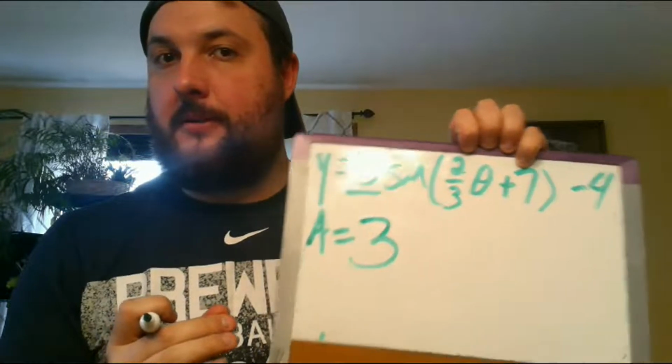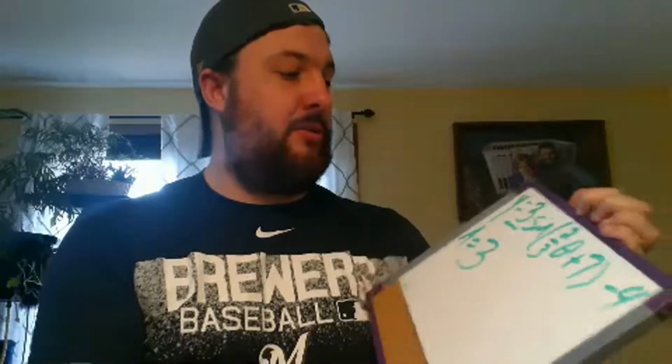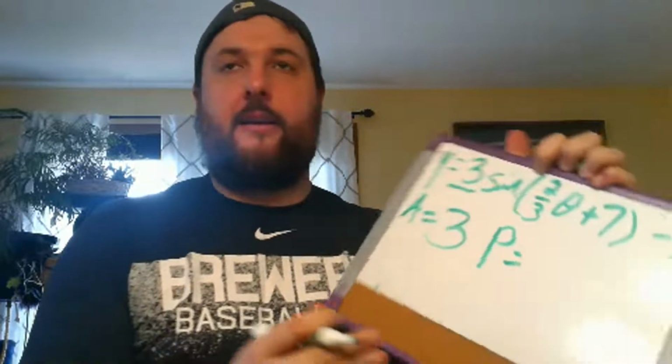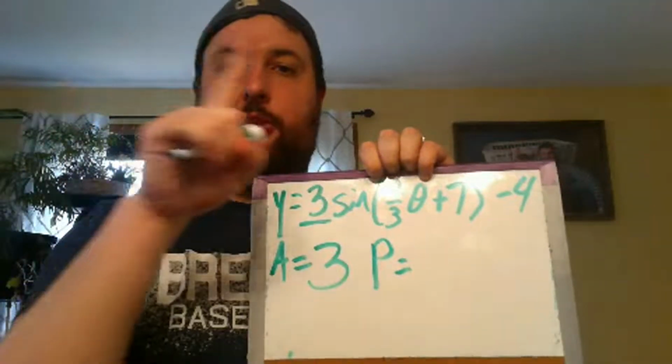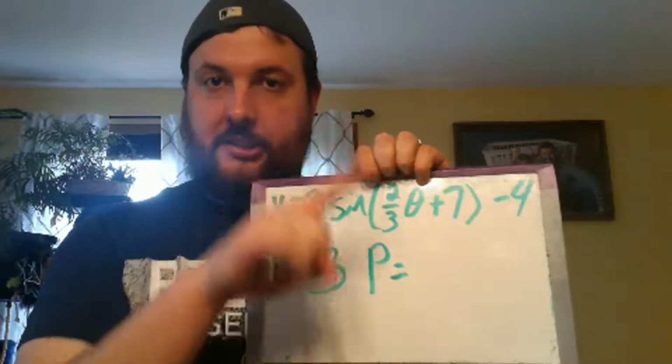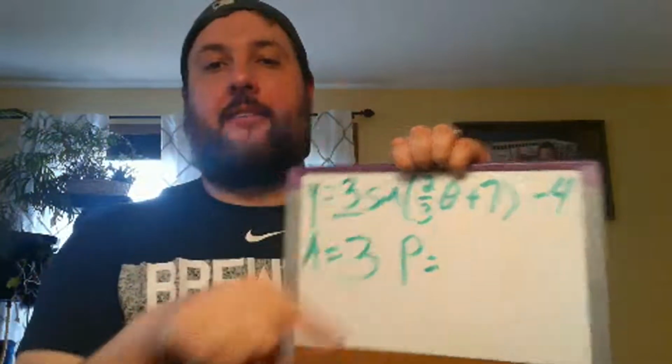That's pretty simple. The next one we'll do is period. We base a period off of a normal rotation, which is 2 pi radians, like 360 degrees. We base everything off of that.